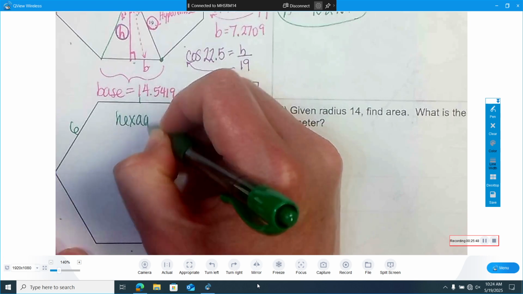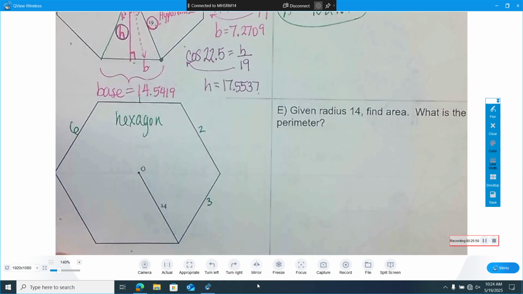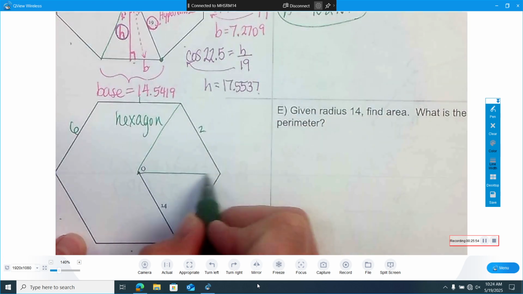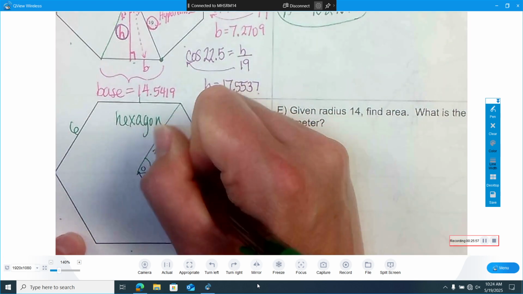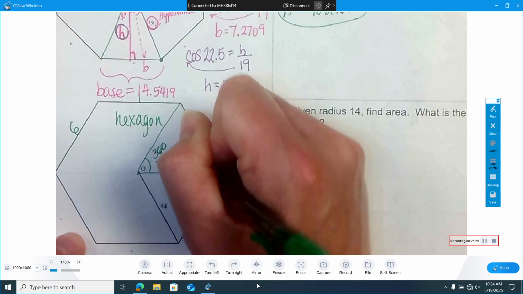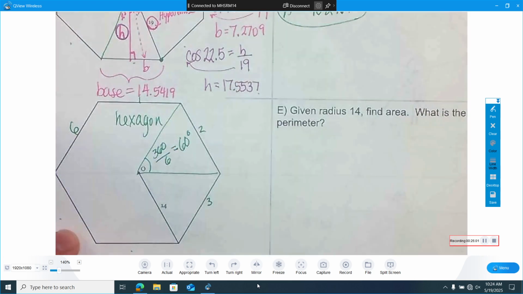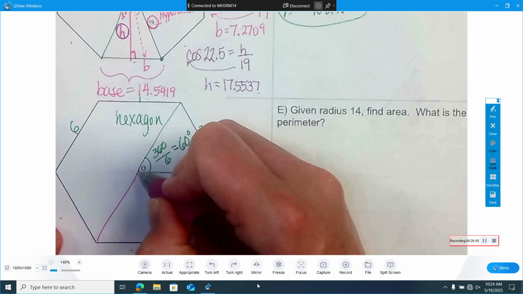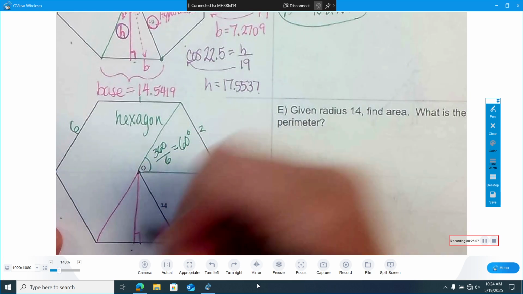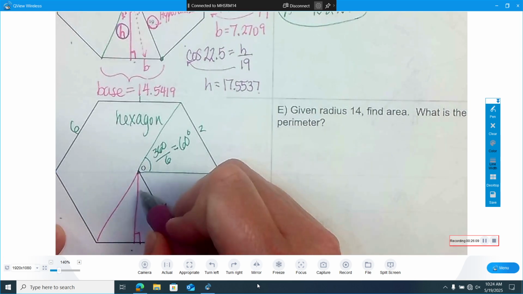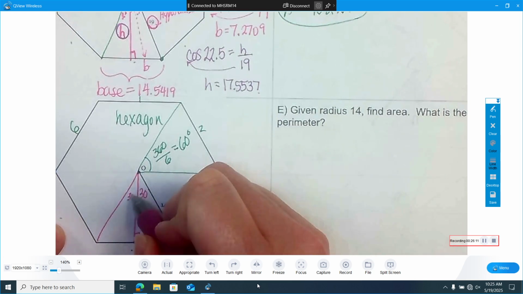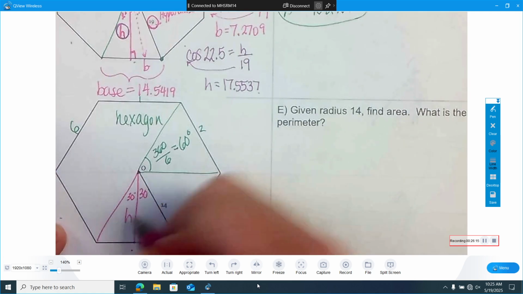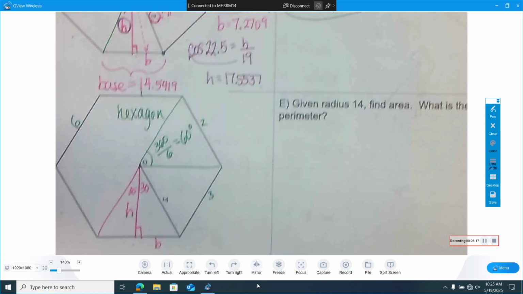It has 6 sides. What is our central angle going to be? 360 divided by 6 is 60 degrees. Very good. And then if we divide that by 2, that'll help us figure out our little triangle. So 60 divided by 2, we get a 30 and a 30. That's going to allow us to find our base and our height.